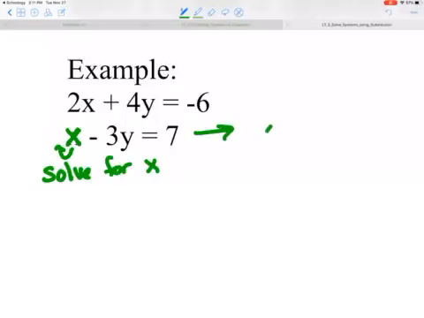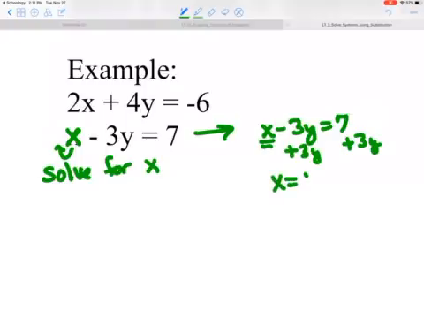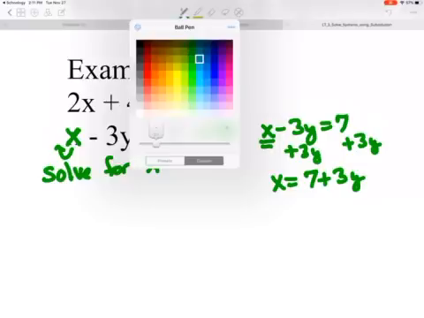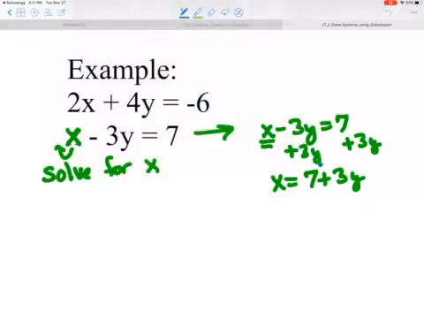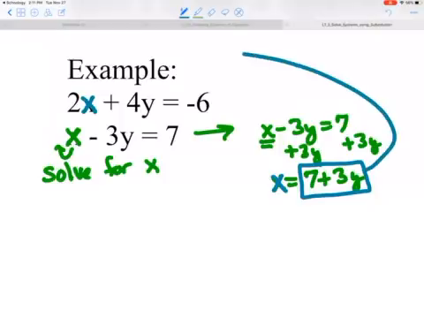So if I take this x minus 3y equals 7 and solve it for x, I need to add 3y to both sides. And I get x equals 7 plus 3y. Now that I solved it for x, I have that x is equal to 7 plus 3y. And where I have an x in the other equation, I can substitute that x with 7 plus 3y.